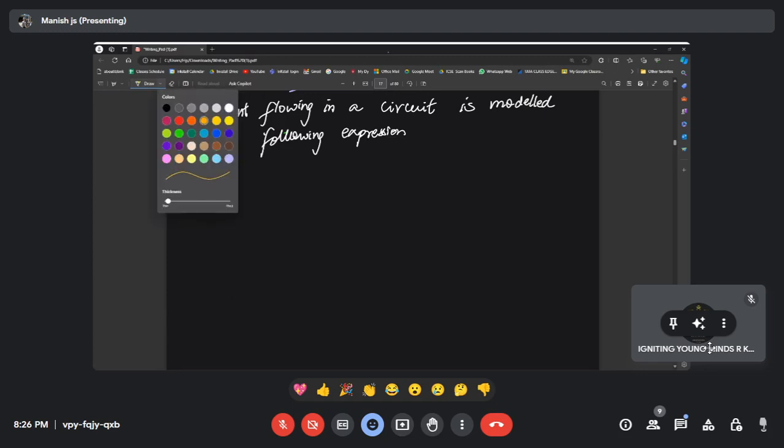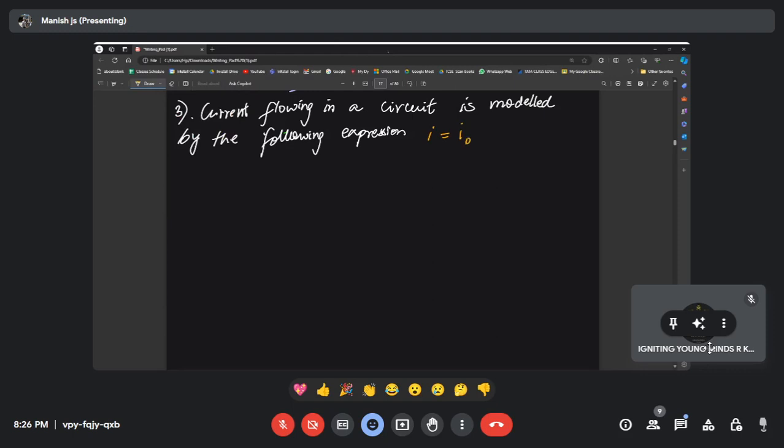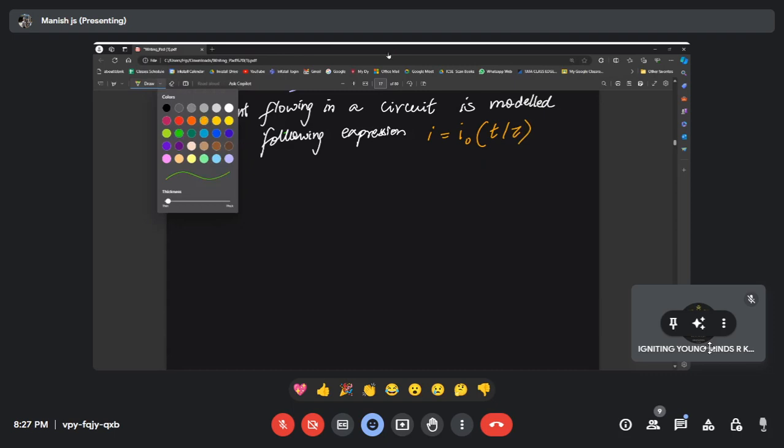That is, I is equal to I naught times t upon tau. This is tau. You remember torque. That Greek symbol of time is tau, which we also use for torque. I is equal to I naught times t upon tau.